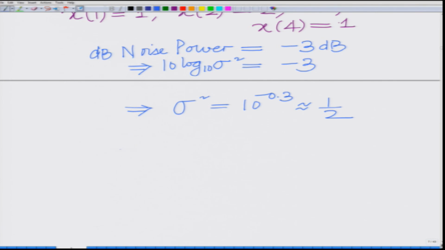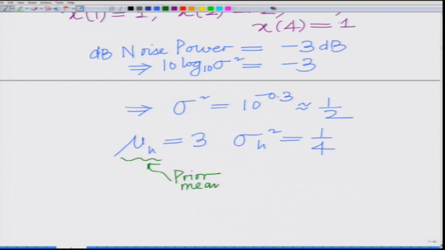Okay. Let us say the prior mean mu h is equal to 3, and the prior variance sigma h square equals 1 by 4. So, this is the prior mean and this is the prior variance sigma h square.